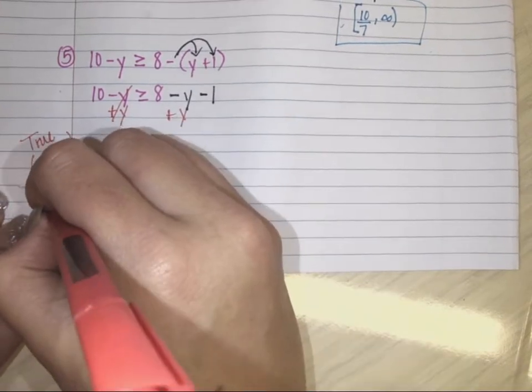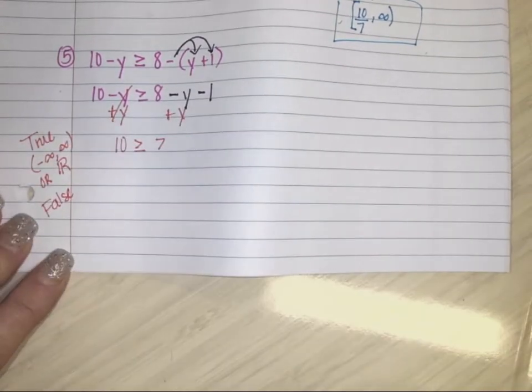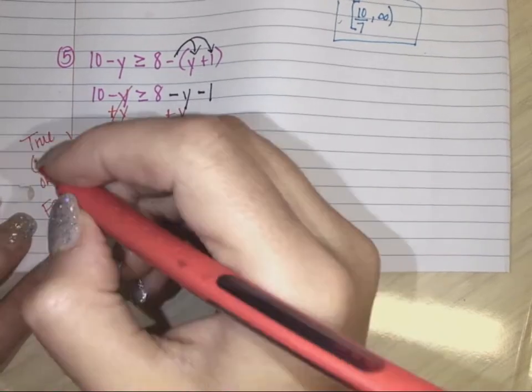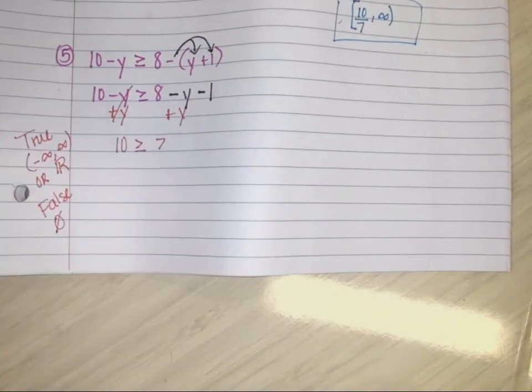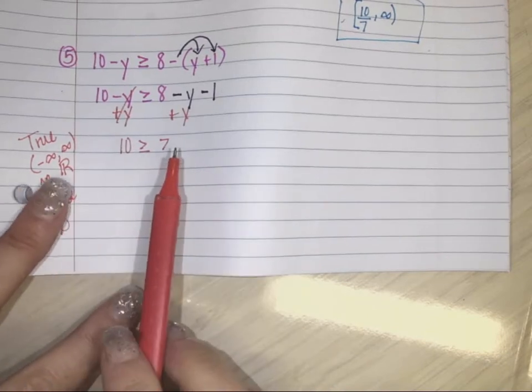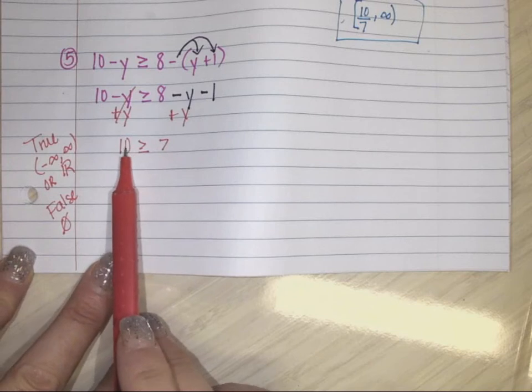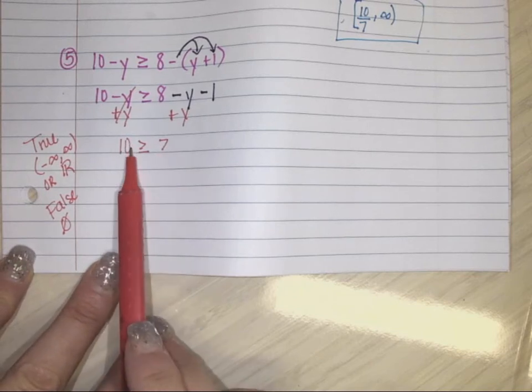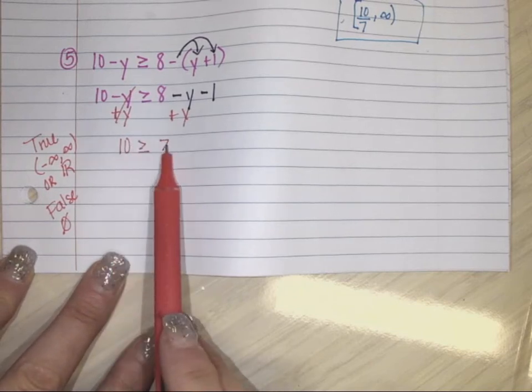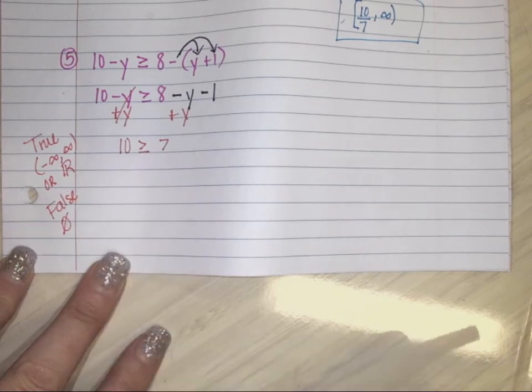If we are left with a false statement, we're going to say no solution. But in this case, you need to think, is this true? Is 10 greater than 7, or is 10 equal to 7?